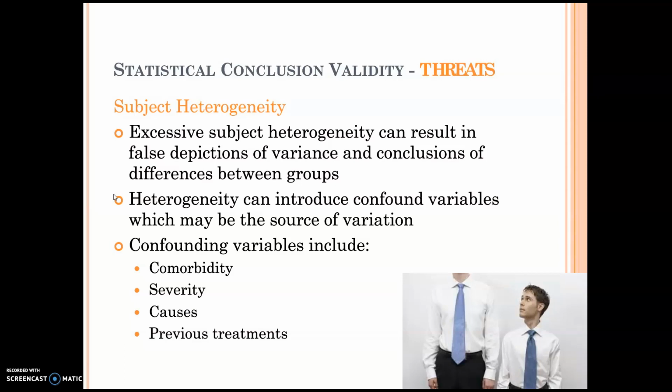So if you were, for example, treating people or doing research on people with PTSD, right, you might want to consider things like comorbidity. Comorbidity is the situation where someone has more than one psychological ailment at the same time, right? So they might have PTSD, but they also might have anxiety or depression or alcohol dependency. Also, severity, right? The severity of the PTSD, you can have less or more severe PTSD.